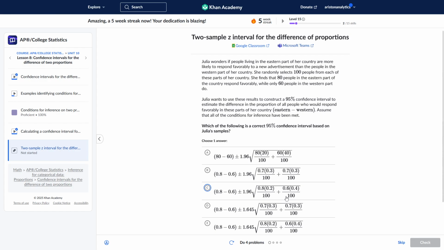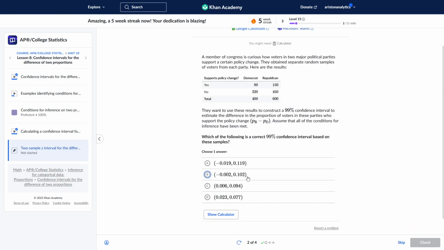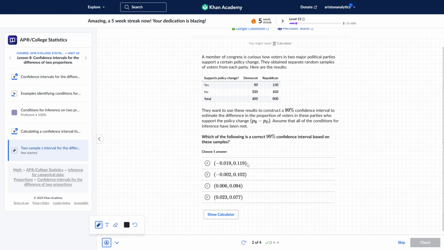Eighty over 100, 60 over 100. It's this one. Based on these samples, okay, we gotta do some calculations.